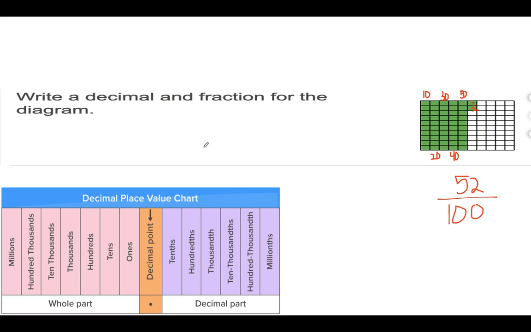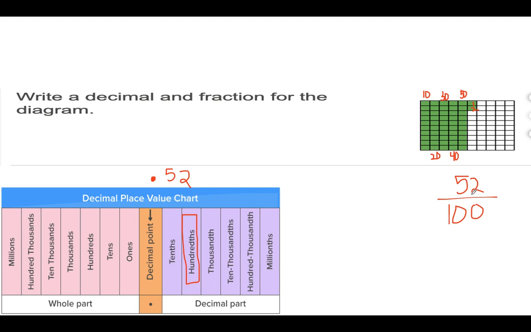But let's write that in a decimal. So I'm going to go ahead and put my decimal up here. And I know that I have to make sure that my number extends to the hundredths column, which is here. Okay? So I'm going to go ahead and write the number 52. And that means I have 52 hundredths.